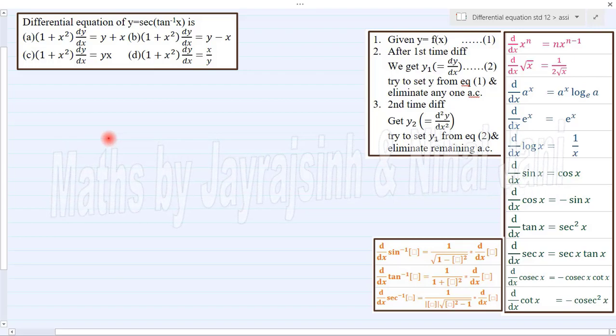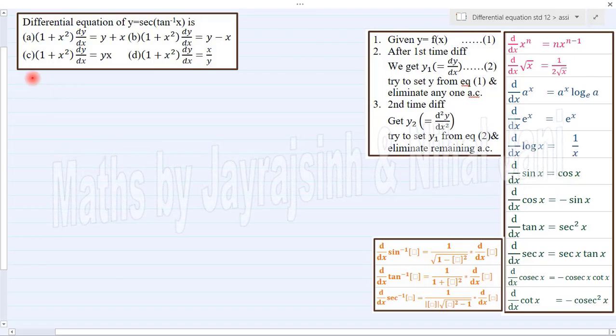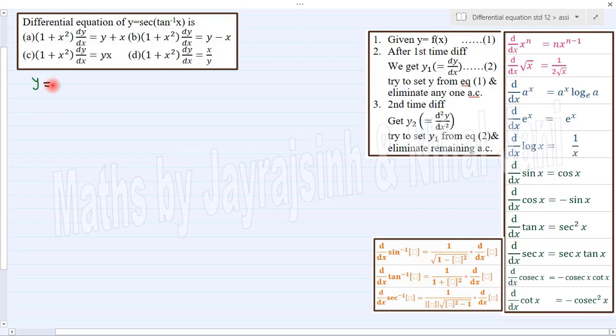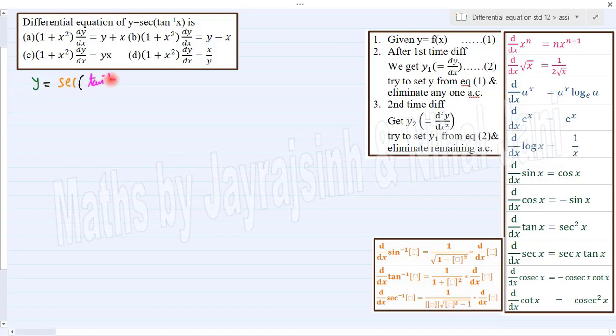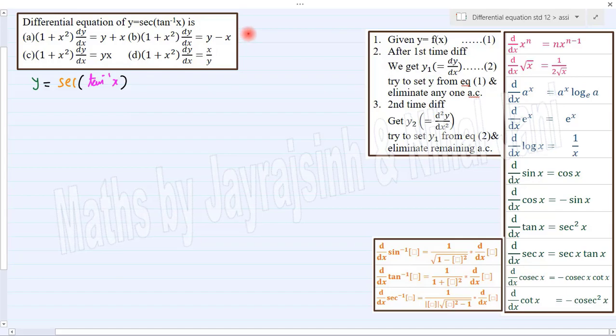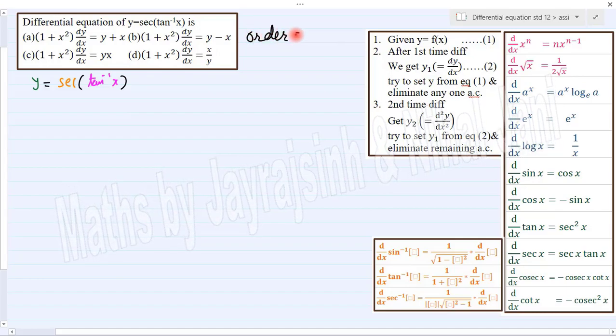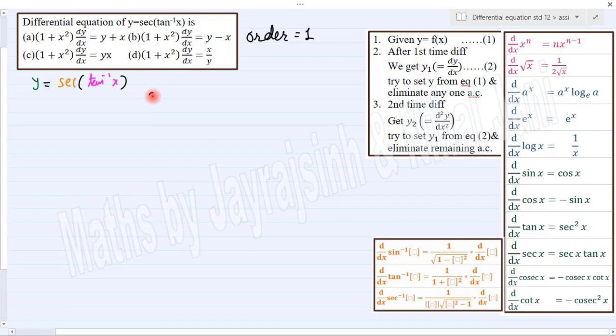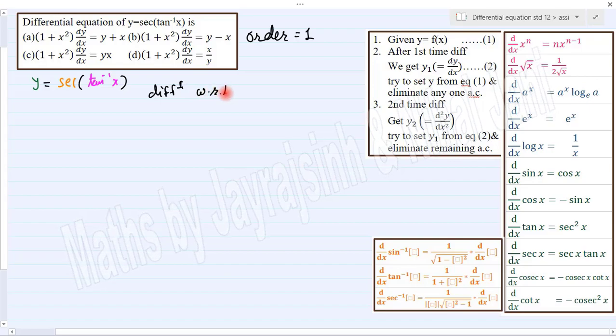We have to obtain the differential equation of y is equal to sec tan inverse x. All the differential equations have first order, so we are allowed to differentiate only one time. So let's differentiate our equation with respect to x.